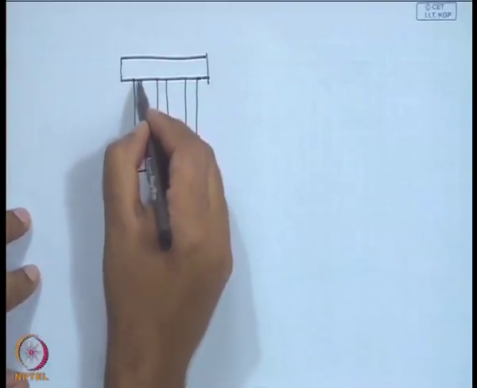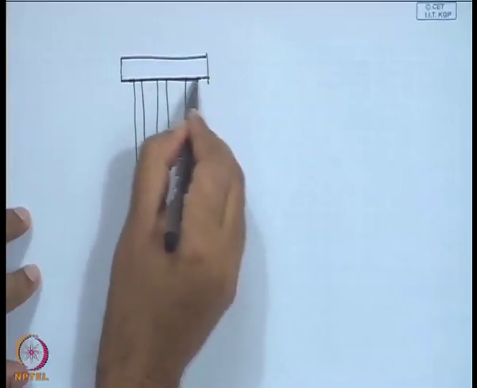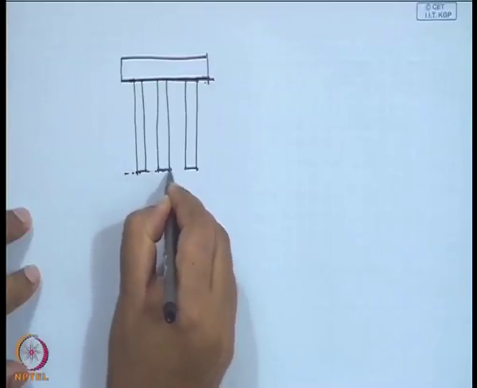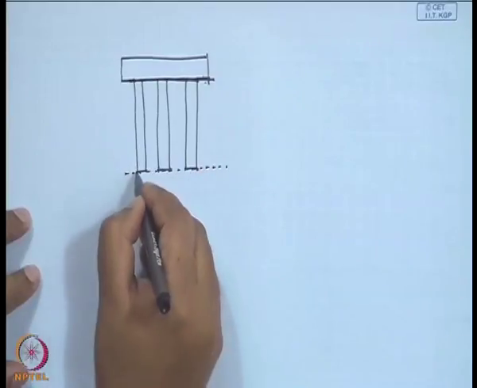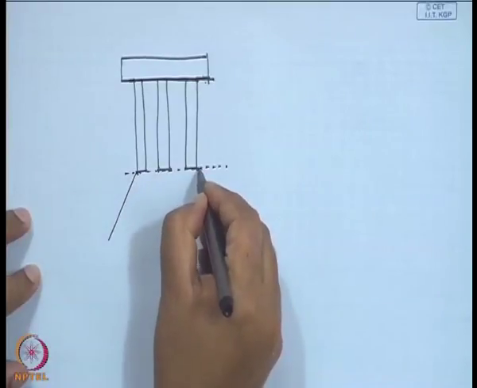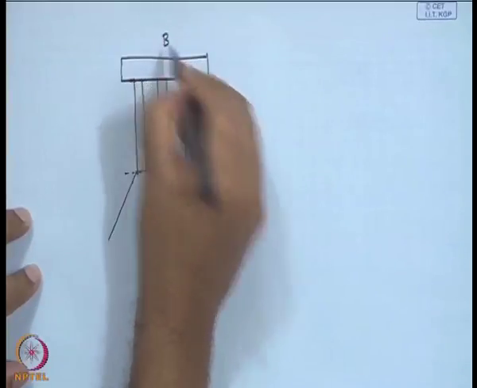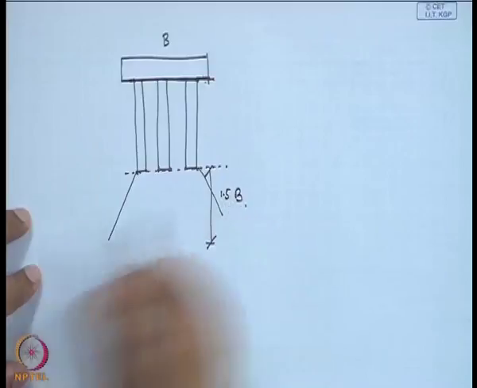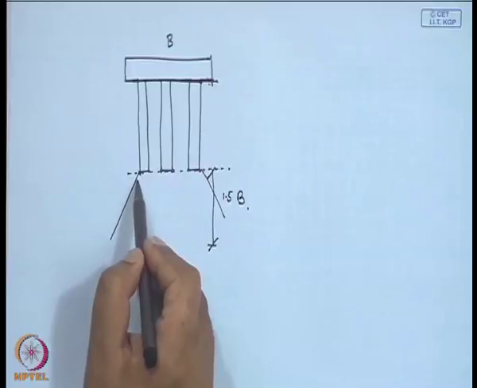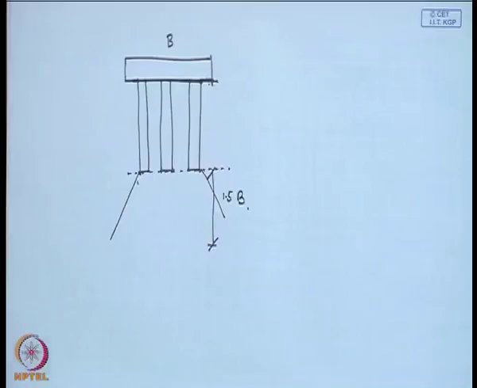Generally, if this is the structural width of the pile cap, then from this bearing level we can go 1.5 times the width of the structure, that is, from the toe of the pile or bottom of the well. That will be the minimum required depth of the boring.